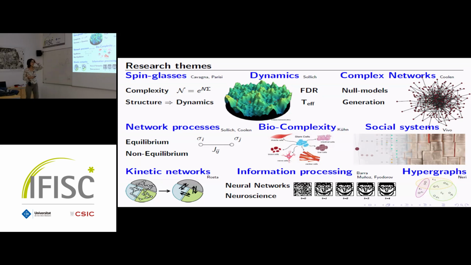Some of these projects have then inspired a new question on more theoretical aspects of information processing, on which I'm currently working on. They have also sparked a keen interest in modeling hypergraphs, both from the point of view of null models and also considering processes in equilibrium and non-equilibrium on hypergraphs.